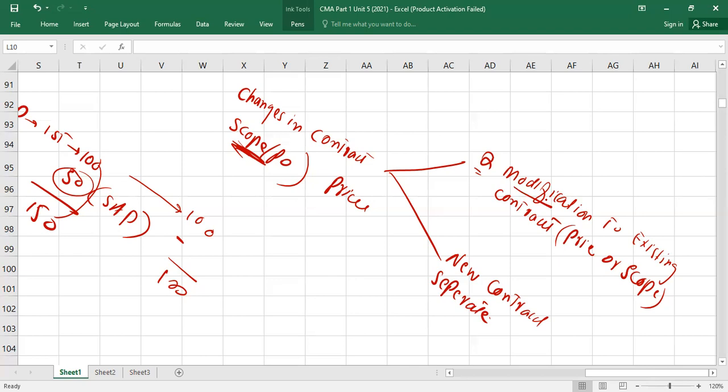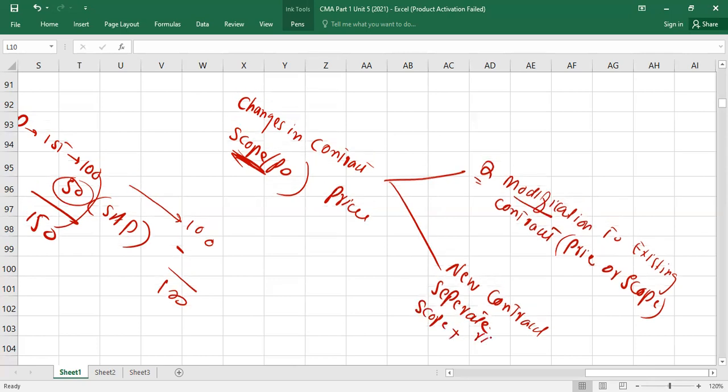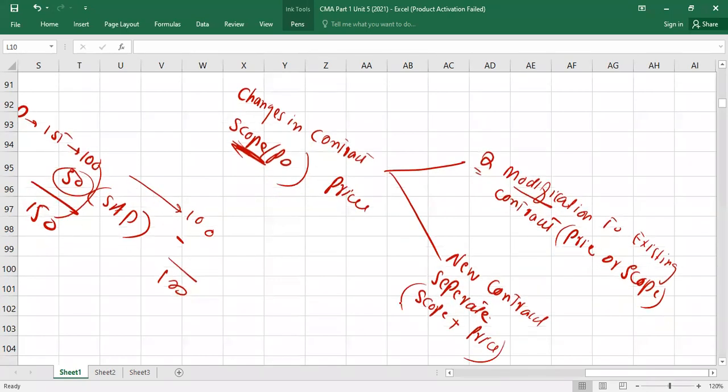If both things change, both what? Scope plus price of the contract, and the price changes with the value of the additional performance obligation. If both things are changing, we will say we have established a new contract.